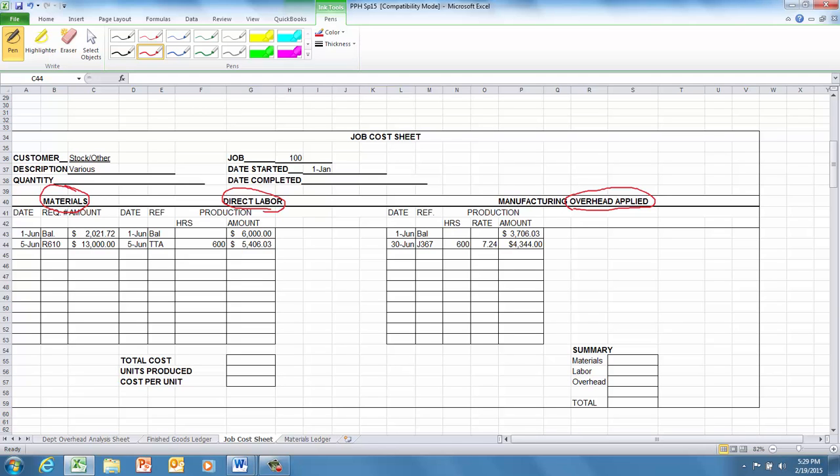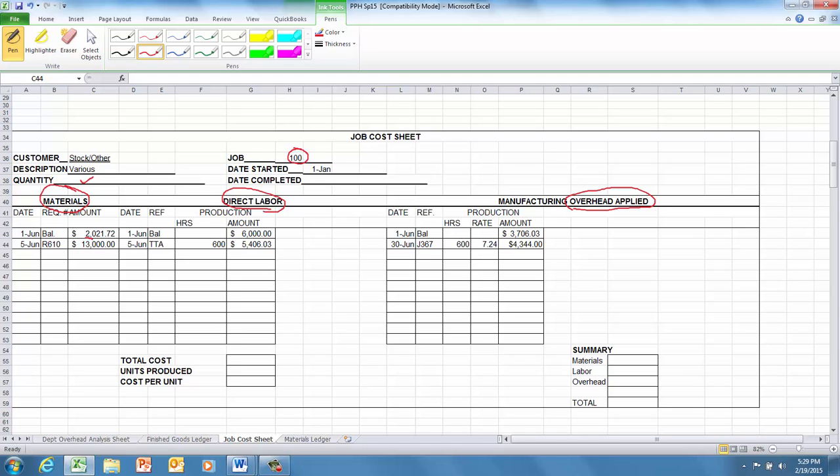The job cost sheet lists who the customer is, what job number it is, when we started it, and the quantity that we're going to make for that job. Now this particular job is just our own stock, and we can sell to various customers from this stock. So it doesn't have a set quantity for this particular one.